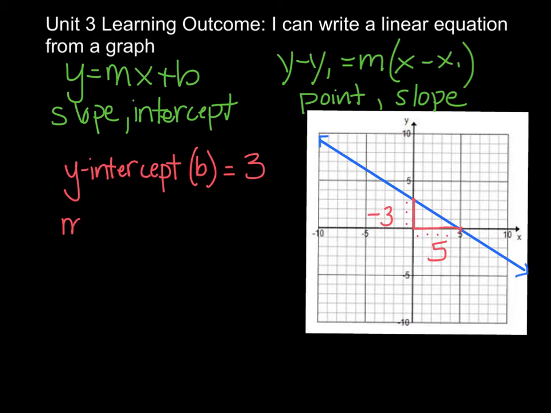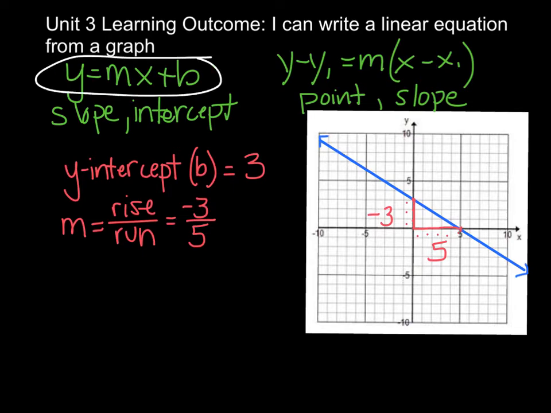So looks like my m is rise over run, -3 over 5.